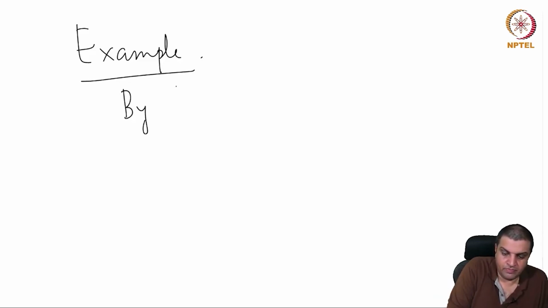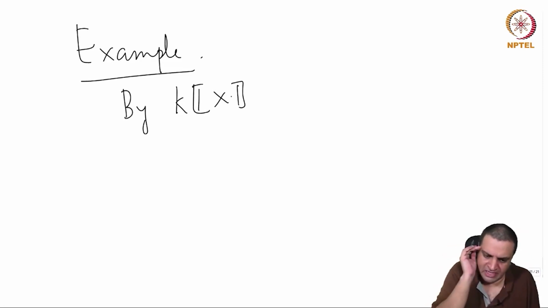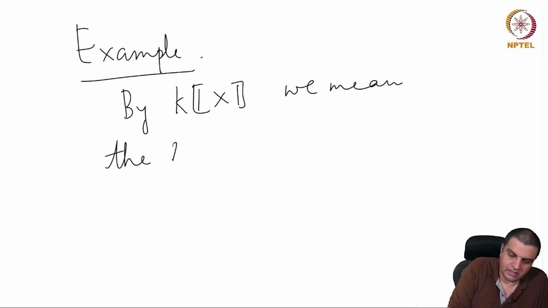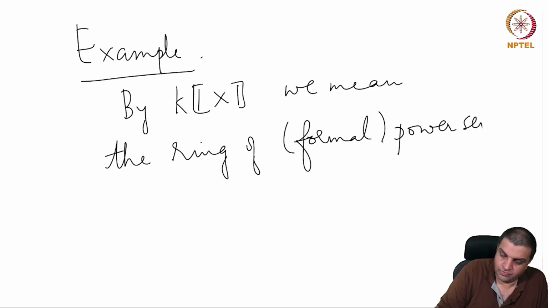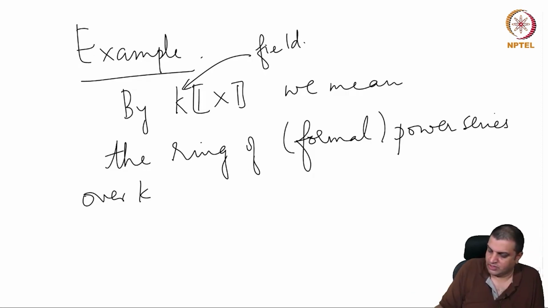But an example is k double brackets x. In fact one can do it for more variables, but just to get familiar, let's do one variable. We mean the ring of what is called formal power series over k. Let's again put k to be a field. What are these?